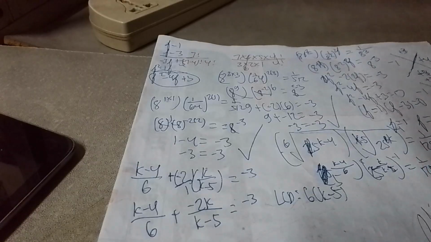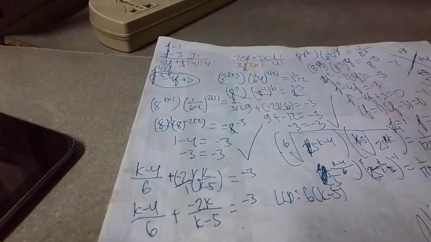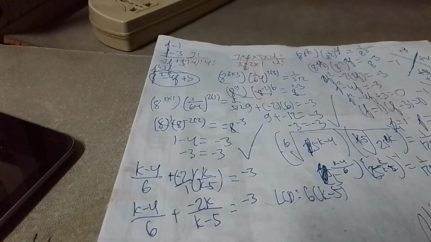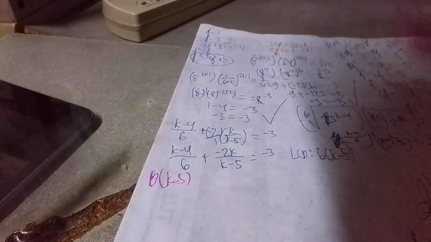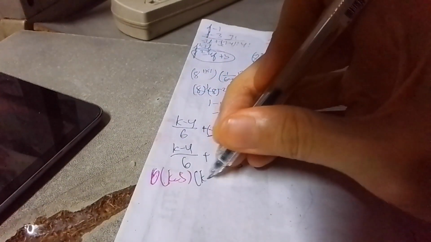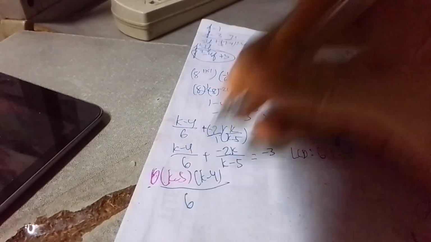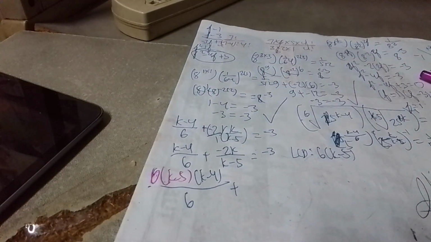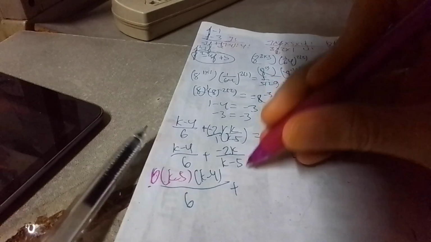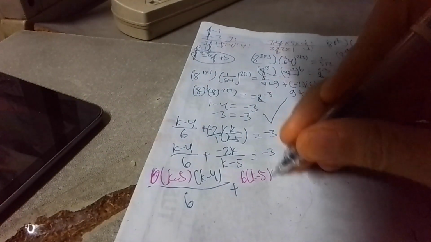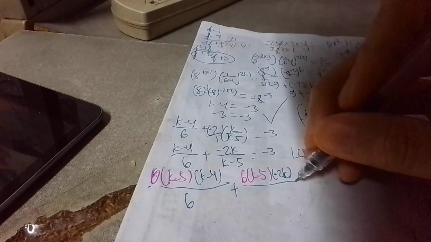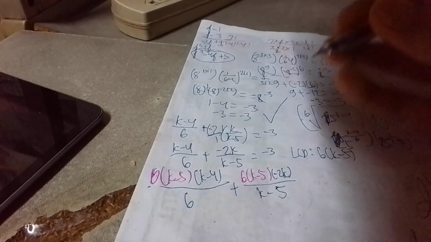Now let's apply the math. So in here, we apply the LCD. I'll use another color to help you out. Writing this, we have 6 times (k minus 5) times (k minus 4) divided by 6, plus 6 times (k minus 5) times negative 2k, all divided by (k minus 5) again.